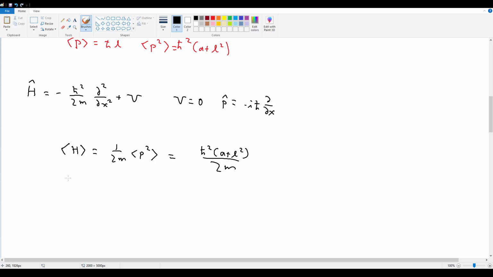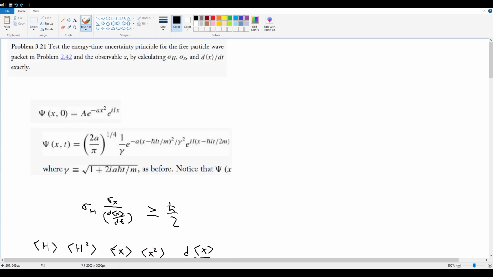Now the hard one is going to be the expectation value of the Hamiltonian squared, because this is going to be equal to 1 over 4m squared times the expectation value of p to the power of 4. And this is obviously a horrible integral, right? We're going to have to take 4 position derivatives on this ugly equation.